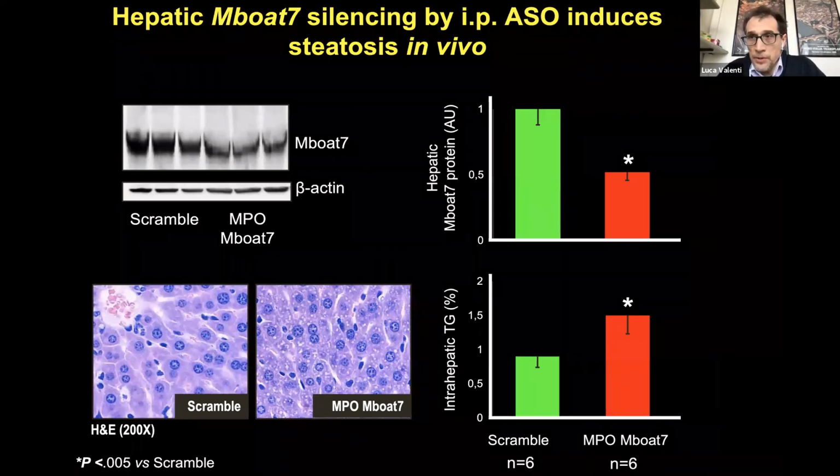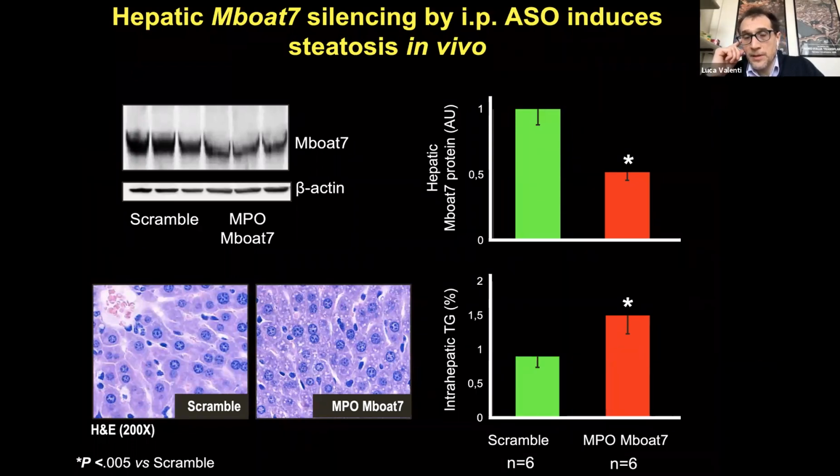So in this way, we hypothesized that the hyperinsulinemia typical of this metabolism can lead to downregulation of Ambos7, especially in carriers of the mutation, and that this may favor hepatic fat accumulation.